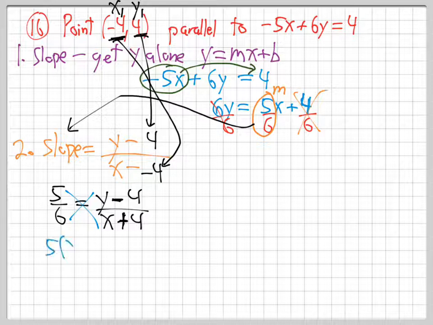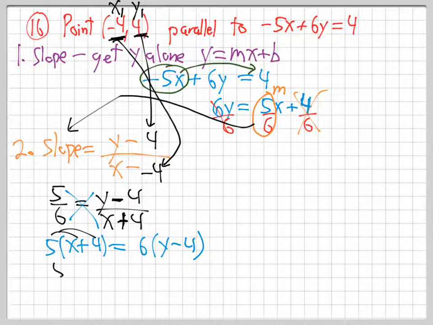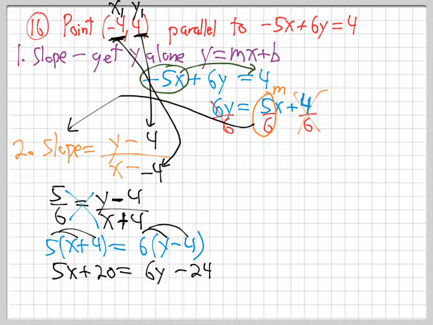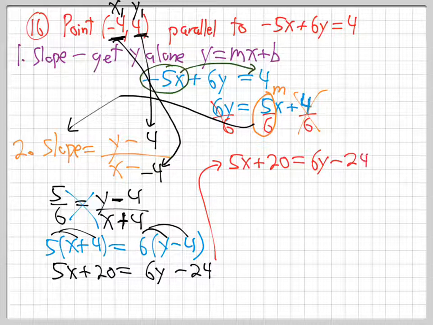And we get 5 times x plus 4, 6 times y minus 4. And then distribute. 5x plus 20. Distribute 6y minus 24. Y is saying I want to be alone. I'll bring it up here. So 5x plus 20 is 6y minus 24.